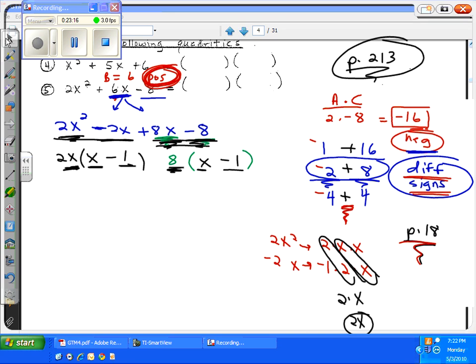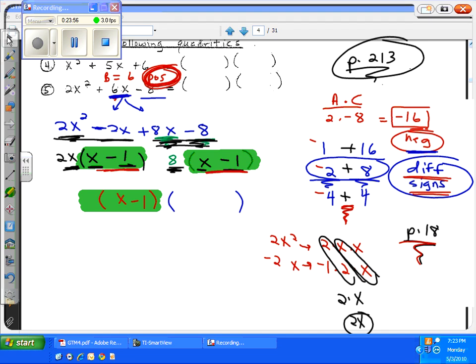Again, we're hoping for a common binomial. And we have one. We have a common binomial of x minus 1. If we do not have a common binomial, either it's not factorable or we made a mistake in trying to factor it. Step 6 says write it as the product of two binomials, and that first binomial is going to be the common binomial x minus 1.